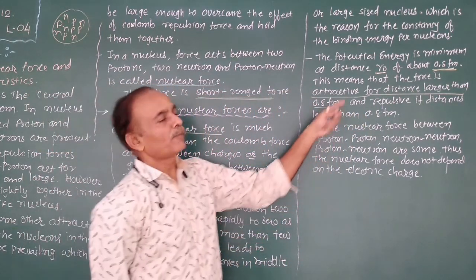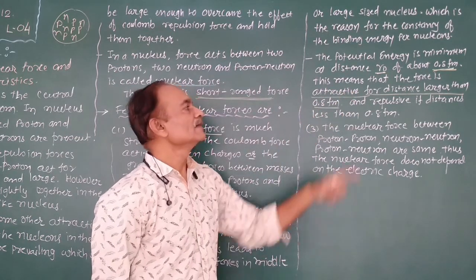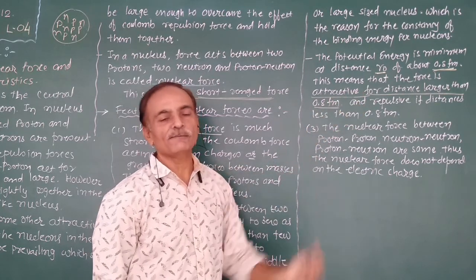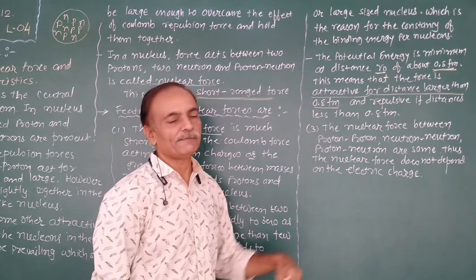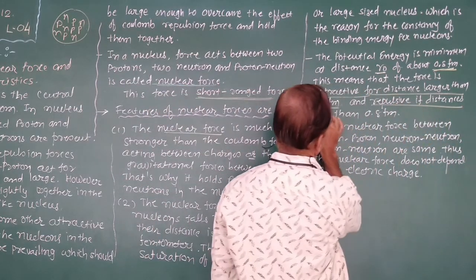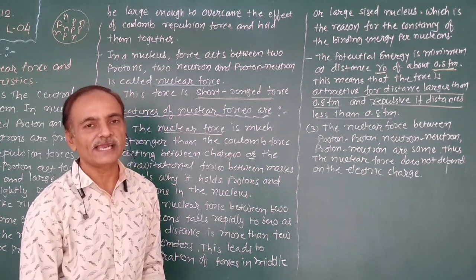The nuclear force is effective if the distance between proton, neutron, and proton is more than 0.8 FM, and the nuclear force is repulsive if the distance is less than 0.8 FM.